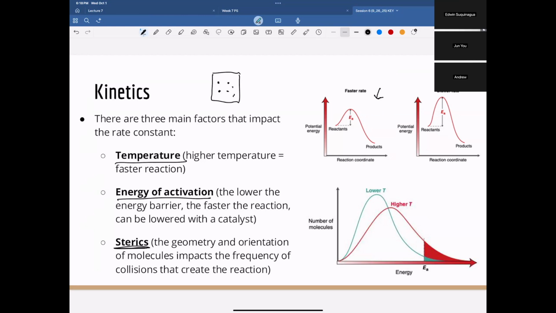Sterics basically has to do with the geometry of the molecules. So if you want a reaction to proceed and make product, the reactants have to collide at just the right angle and just the right orientation so that the collision can make the products. If it's in an improper orientation, it won't make any products, essentially.